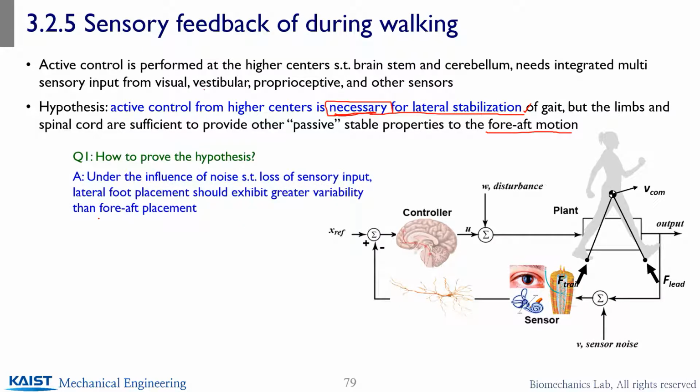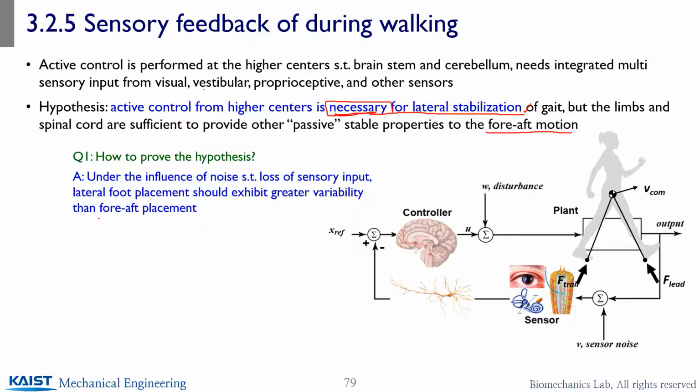Okay, once we set that lateral motion requires sensory feedback, how would you prove this? Well, in previous studies of posture control, when you assume sensory feedback, that means whenever a sensory disturbance is applied, the response will show a change, right?